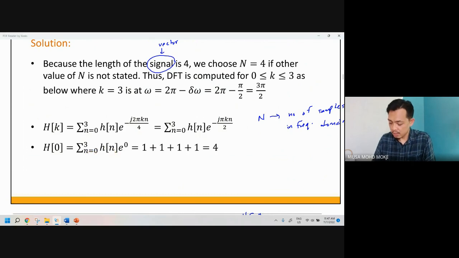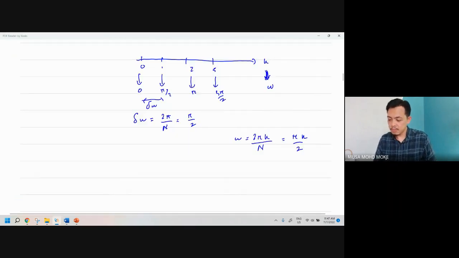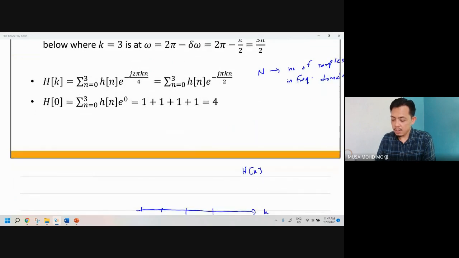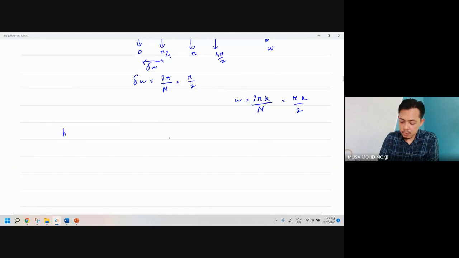So let's expand that equation. Our Hk is equal to the summation of n from 0 up to 3 of hn e to the minus j pi kn over 2.